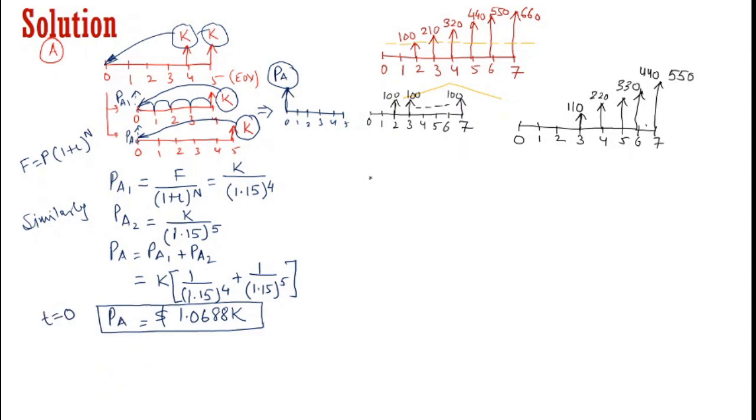Okay, let me draw this series like this. So if I write this as 0 1 2 3 4 5 6 7, just forget about what we are having on this side.